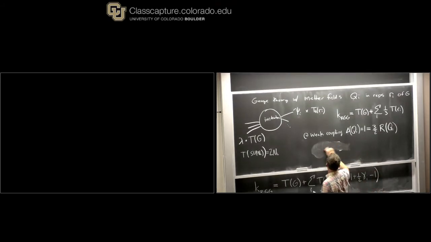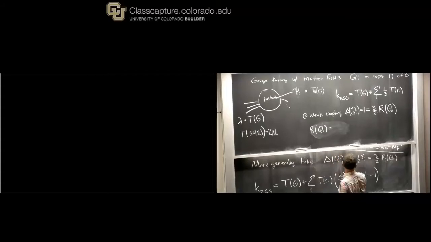So R of Qi I'm going to take to be 2/3 times 1 plus 1/2 gamma i, and so R minus 1 is minus 1/3 plus 1/3 gamma i.